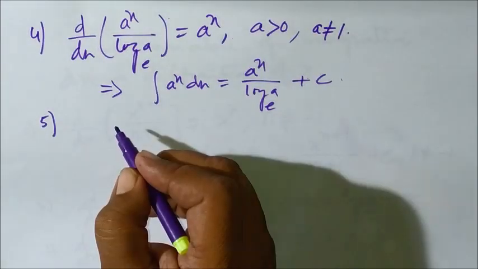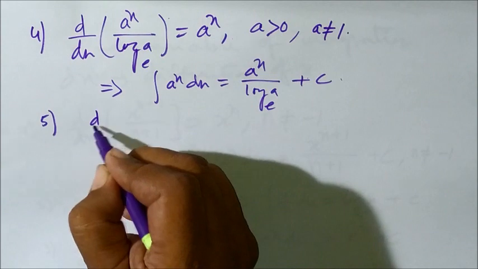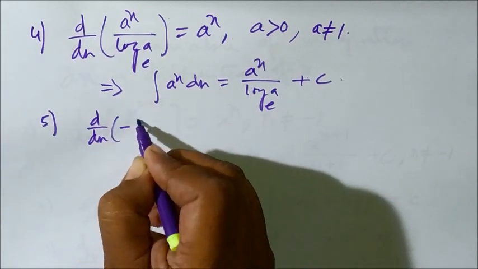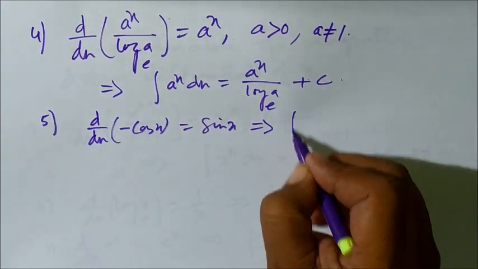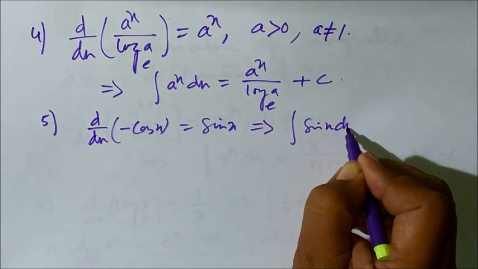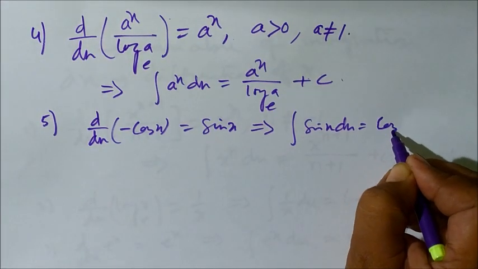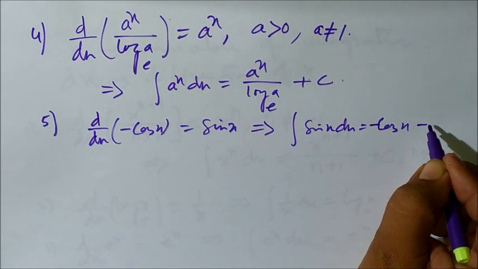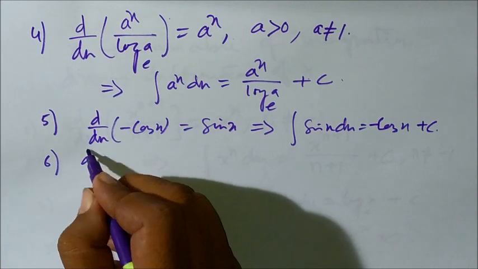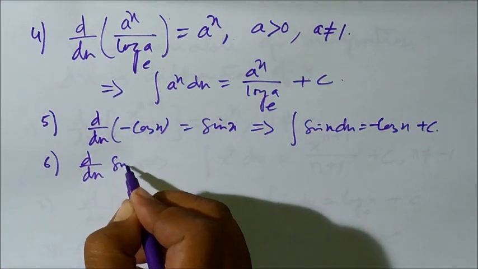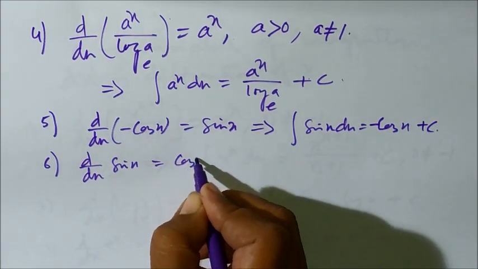Now, d by dx of minus cos x equals sin x. This implies integral of sin x dx equals minus cos x plus c. d by dx of sin x equals cos x.